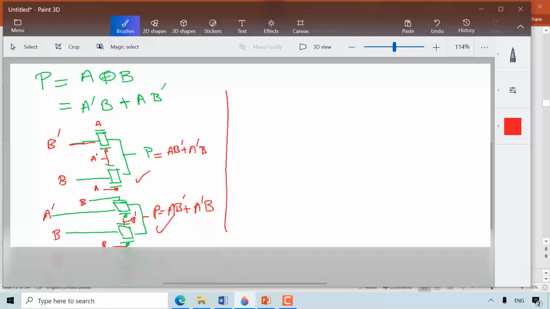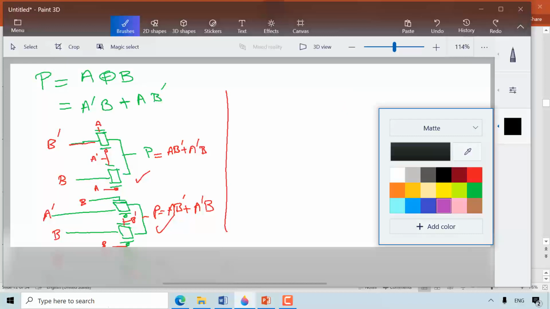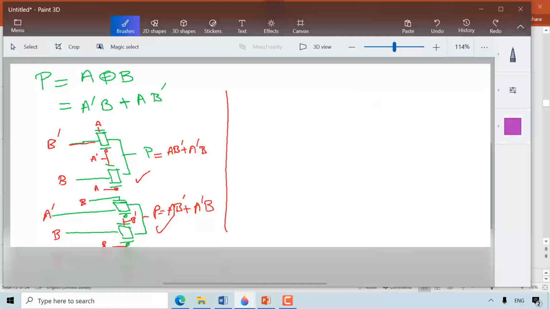In the circuit that we are studying, they are using some kind of a mix of the two circuits to allow the easy generation of P and P prime. So here is the circuit that they are using. Okay, so let's see if we draw this like so. We have here a transmission gate, and we have A prime, and we have here A. And this is B here.